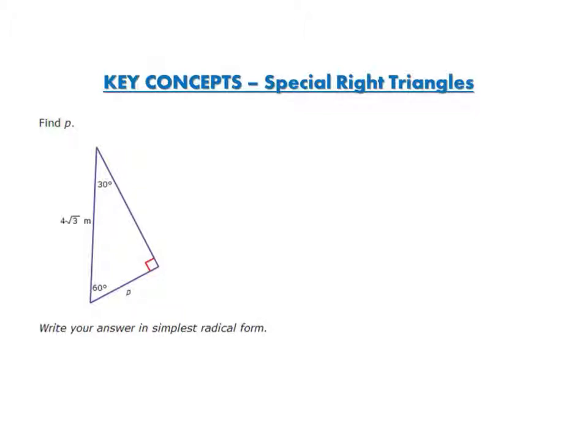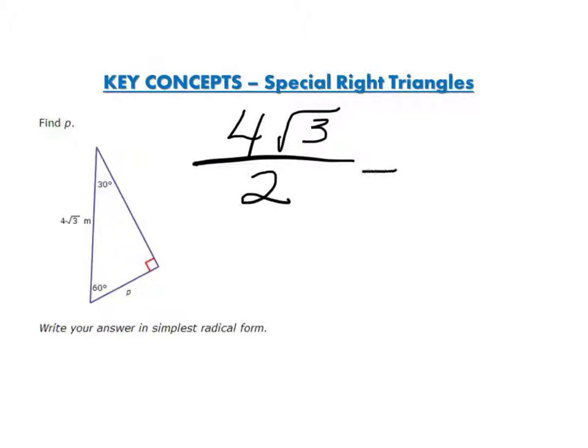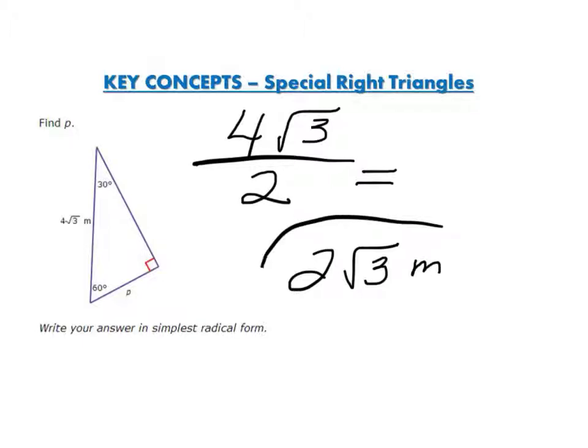So I take 4 times the square root of 3 divided by 2. So my short leg is 2 times the square root of 3 meters. Now again, you can put this in your calculator just like this, but remember to put it in as a fraction, not a division problem.